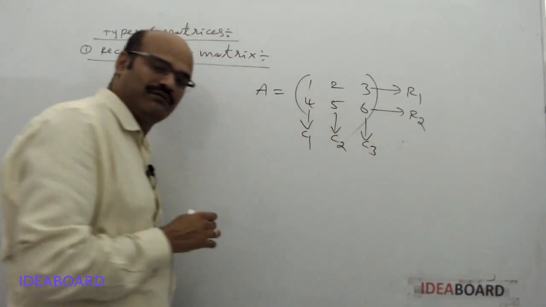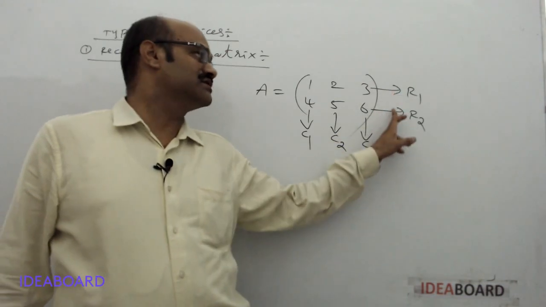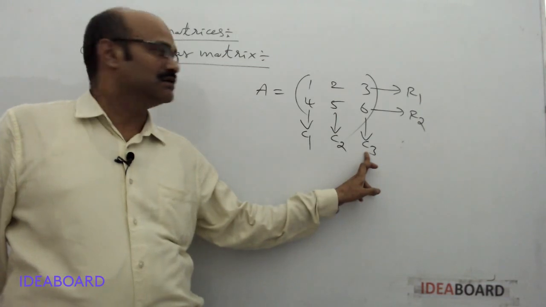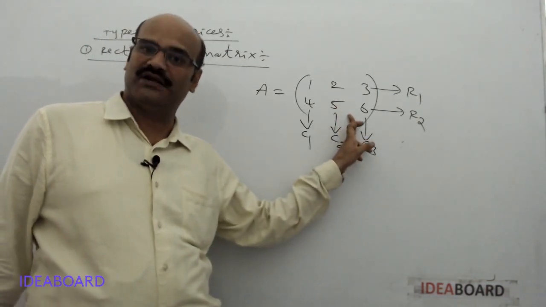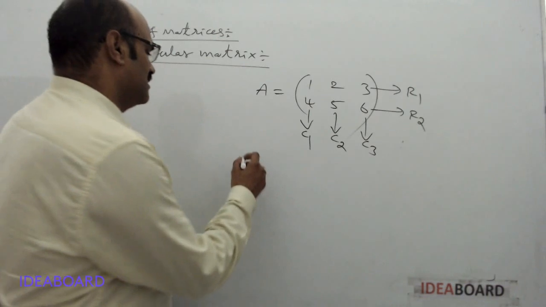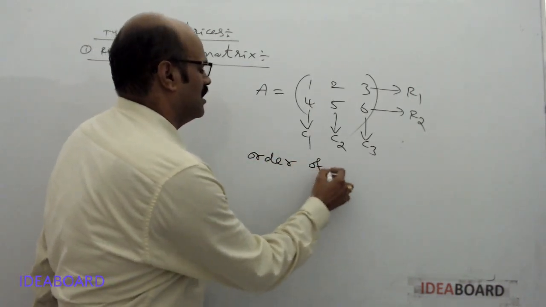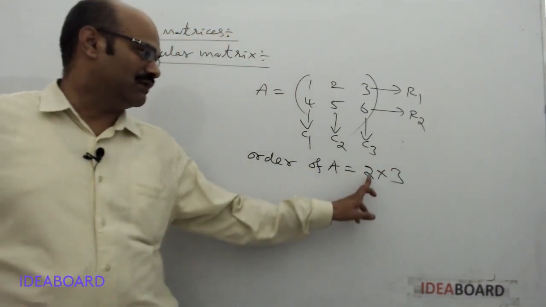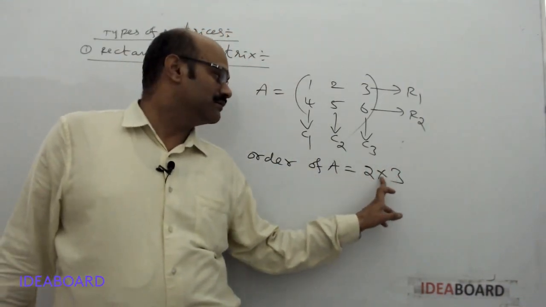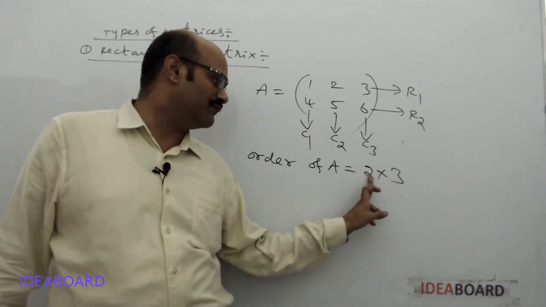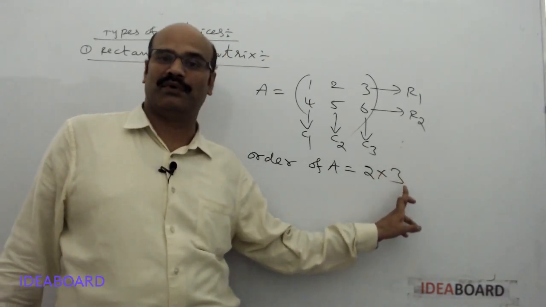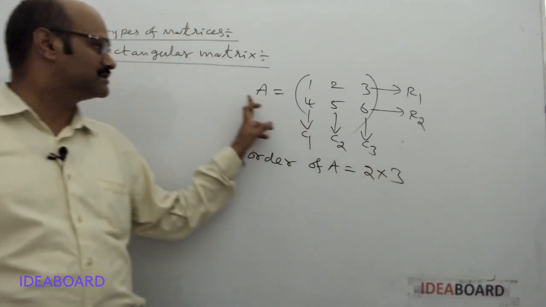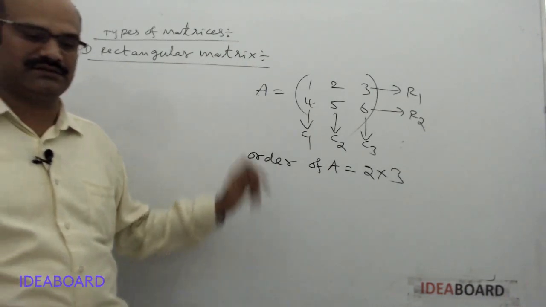Since number of rows equal to 2 and number of columns equal to 3, this matrix is said to be rectangular matrix, since order of A equal to 2 by 3, number of rows by number of columns. Since number of rows is not equal to number of columns, A is called rectangular matrix.